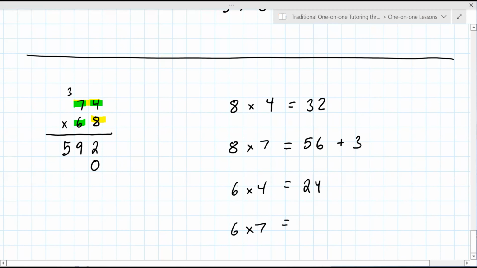So that's 4 with a carry of 2. Instead of that 3, I put a 2 there. You cross it out if you need to. So it's always multiply and add the carry. Now we do 6 times 7, that's 42, but we add the carry of 2, which is 44.